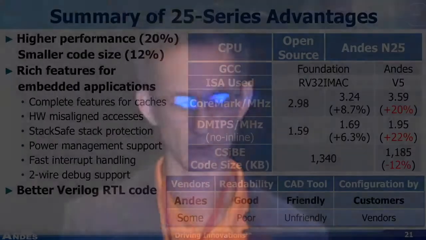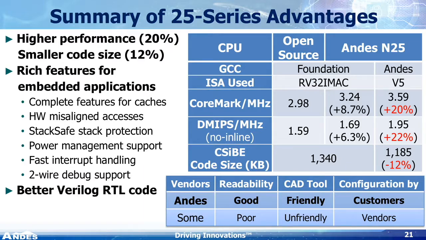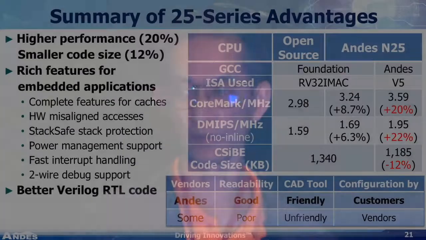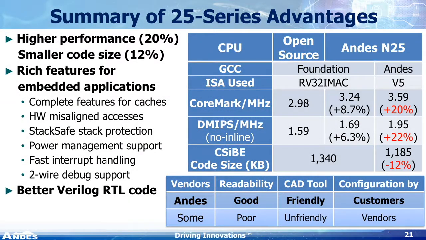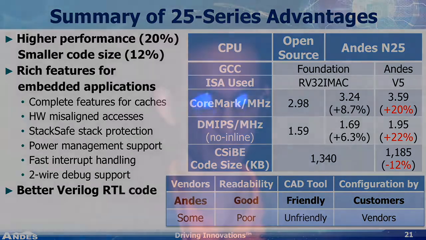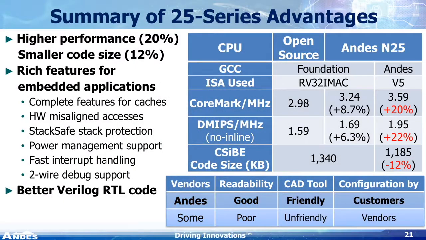And also we have better Verilog RTL code. Since our RTL is written by humans, it's very readable. Some vendors' RTL is generated by a high-level language. And when you generate the code, it's very difficult to read, very difficult to understand. And when you go to the CAD tool, because human-written code is going to have very good coding style, it is much easier for the CAD tool to optimize it.